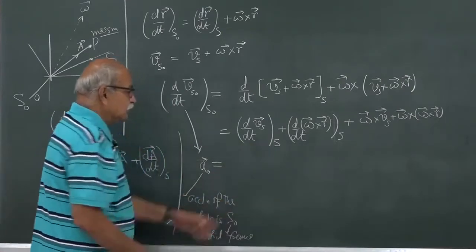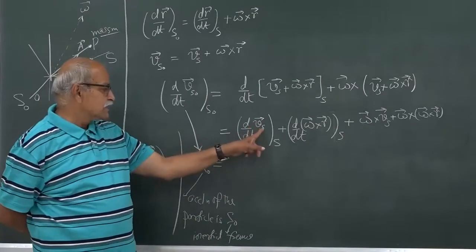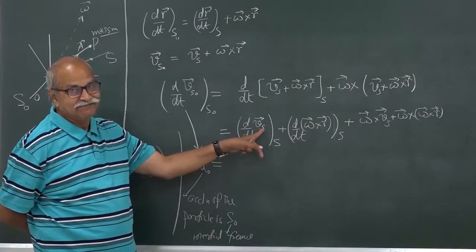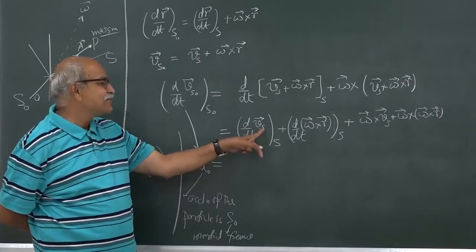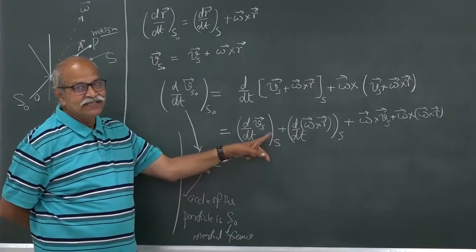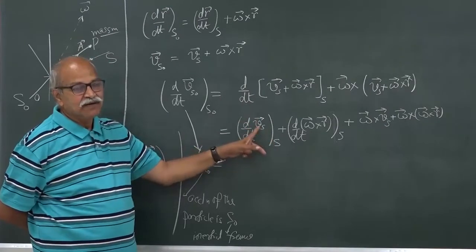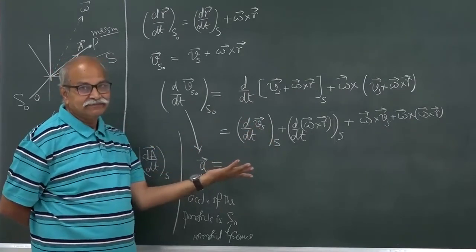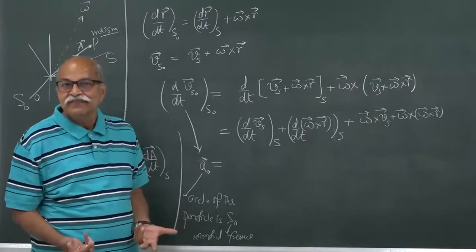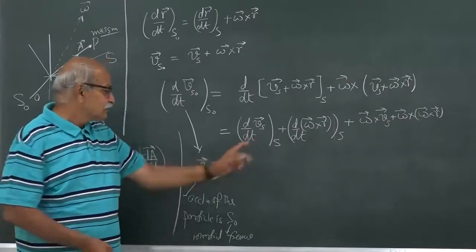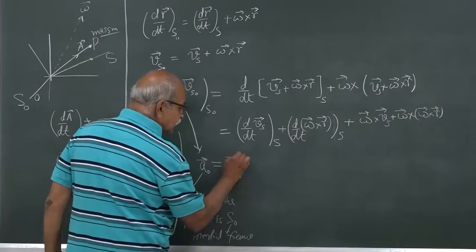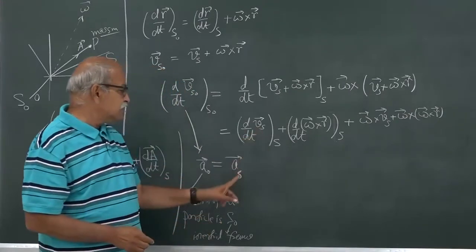And this is equal to, here this quantity is the velocity of the particle as seen in the S frame, and then we are also differentiating that in S frame. So, this is the acceleration of the particle in S frame. In S frame I find the velocity, how it changes with time, and that is the acceleration. So, for this we will write A_s. This is the acceleration of the particle in S frame.